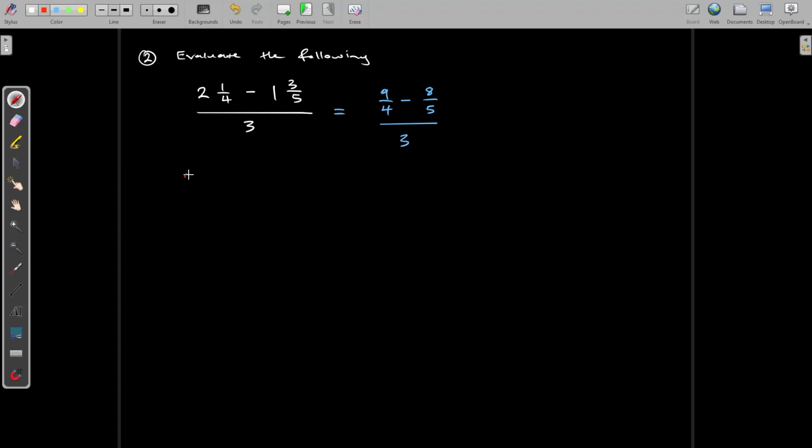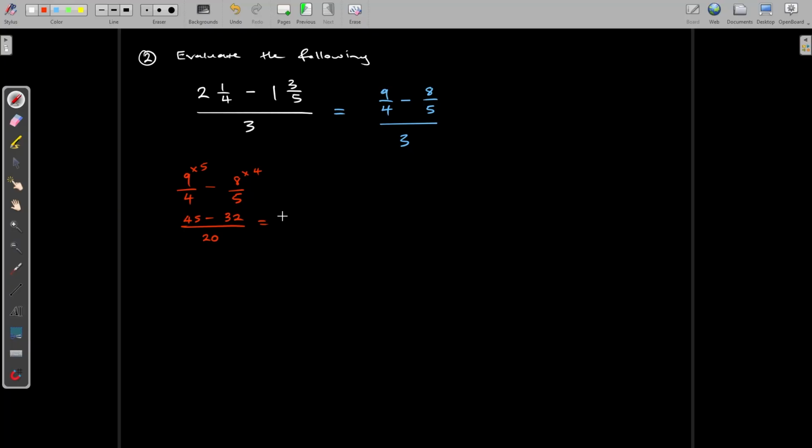So I found the lowest common multiple, which is 20. So 4 into 20 is 5, and 9 multiplied by 5 is 45. 5 into 20 is 4, and 8 multiplied by 4 is 32.